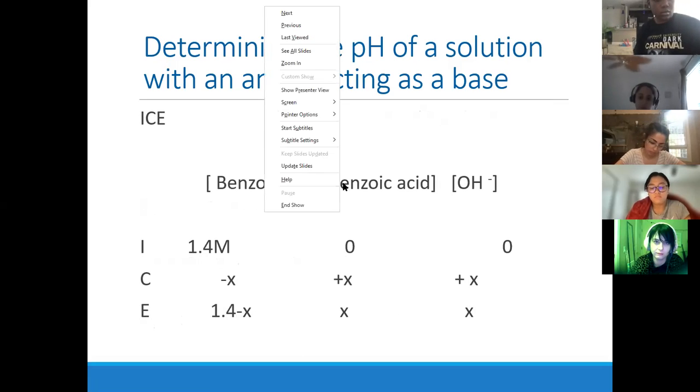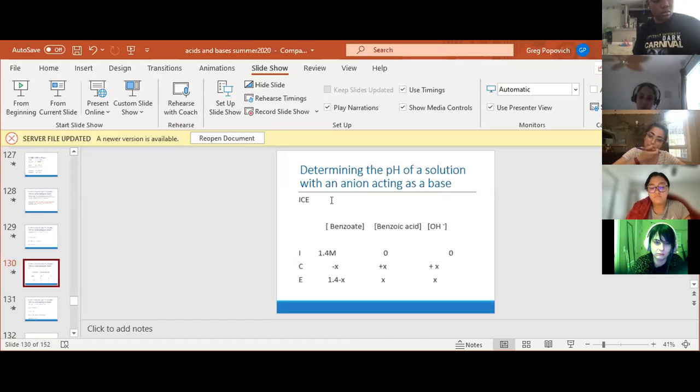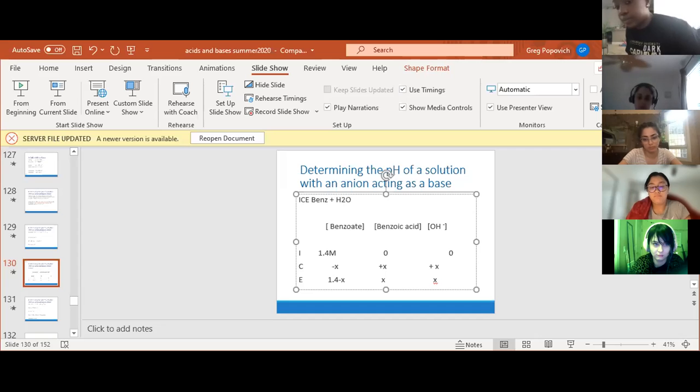I'm going to stop the slideshow here. You don't need to know what the exact formula is. You can kind of fake it. You can go Benz. That's going to be your base, plus H2O, makes H-Benz plus OH minus.